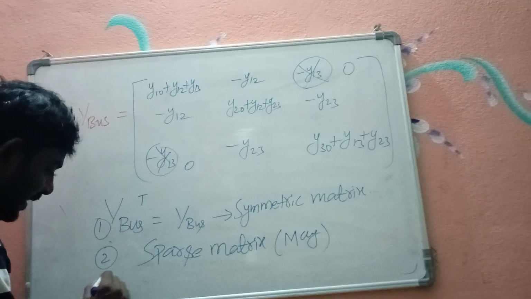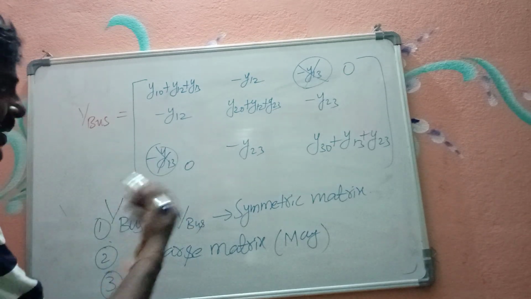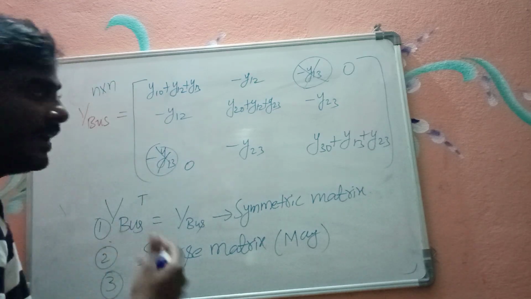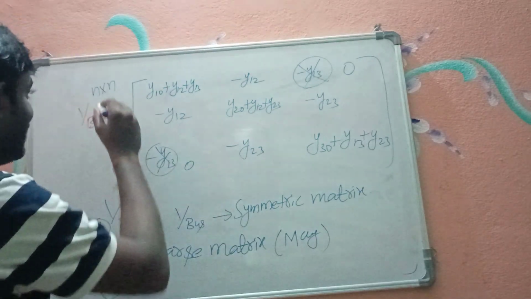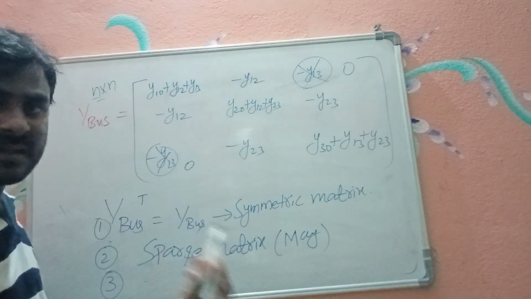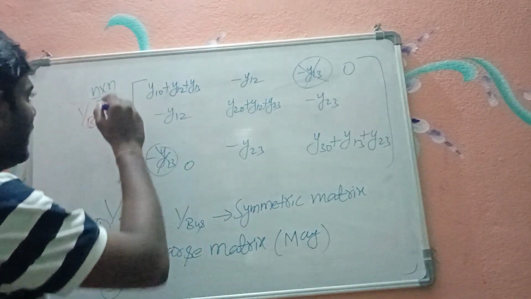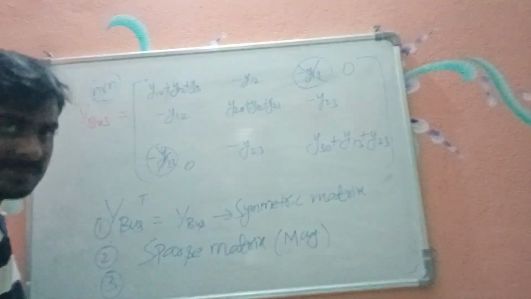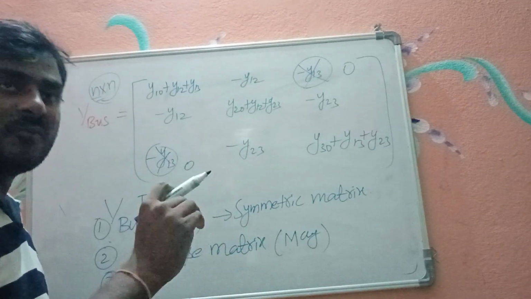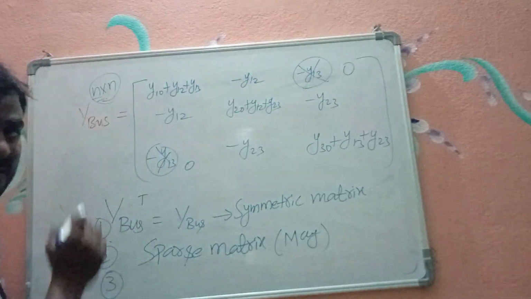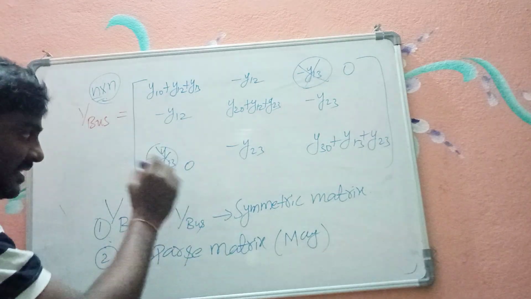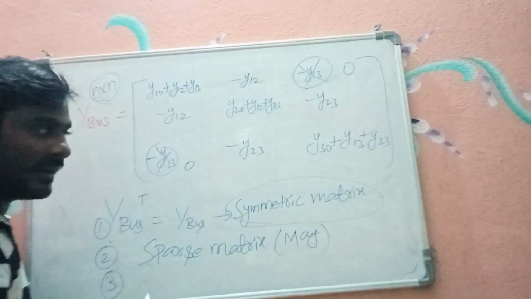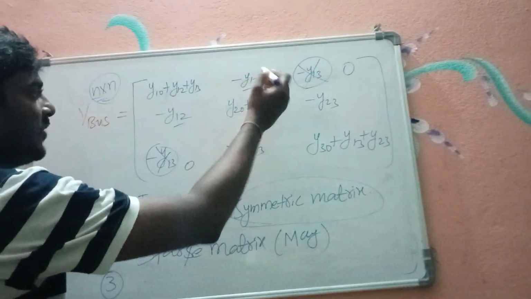And the third thing is that for a power system network containing n buses, the Y bus matrix will be of order n by n. In that case, as this matrix has the nature of symmetry, it is a symmetric matrix, this value is same as this value.